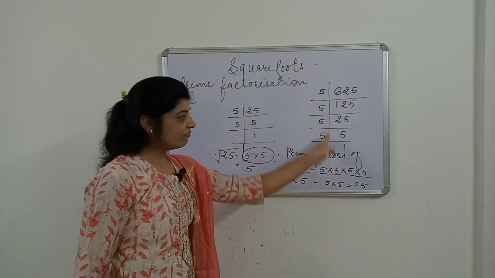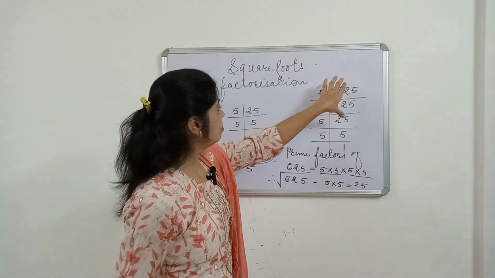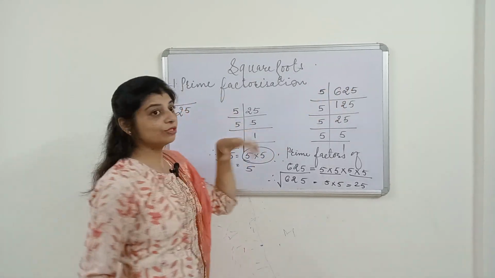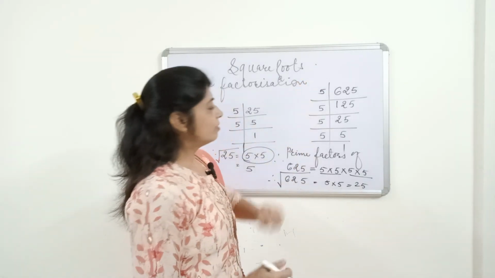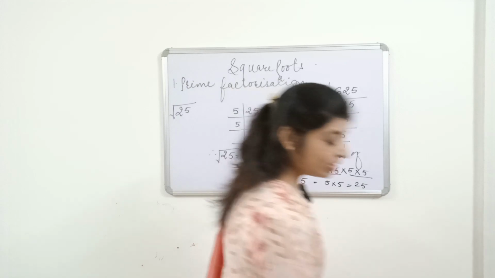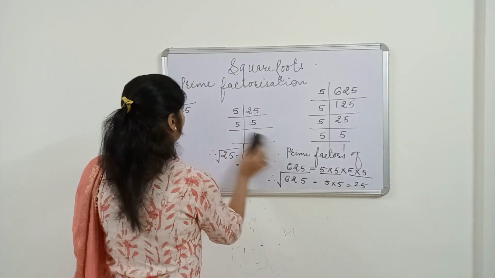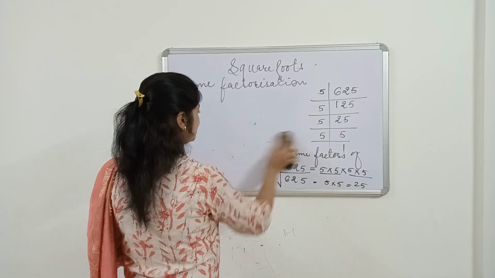Now we have gone with this lengthy one. Similarly, you can find the square root of this also by using the long division method. This is a little easy, so fine, no problem. But if we go with a 4-digit number, how? I'll show you how it becomes easy.